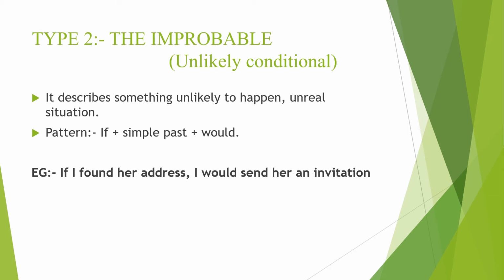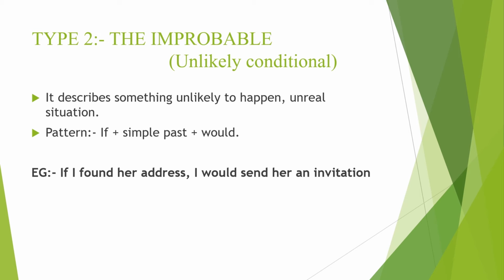Now, one thing you should note down is, when we start a sentence with the if clause, we always put a comma before the second clause, or the main clause, or after the end of the if clause. This entire sentence is divided into two parts.